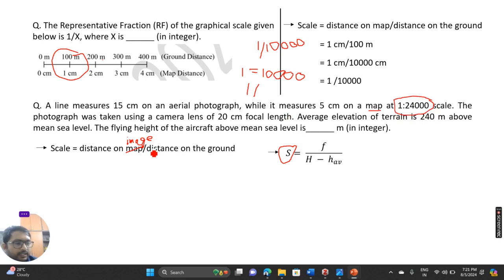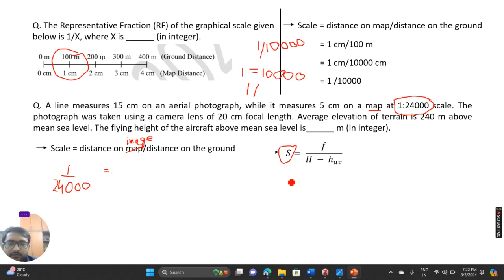Okay, so we will start with the scale which is 1 divided by 24,000 basically. Now we have that a line measures 15 centimeter on the aerial photograph.